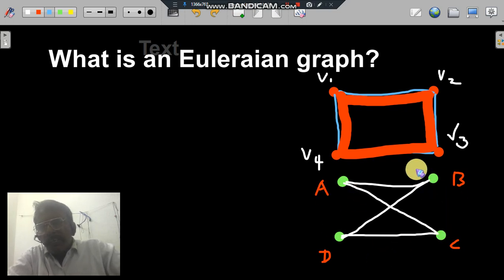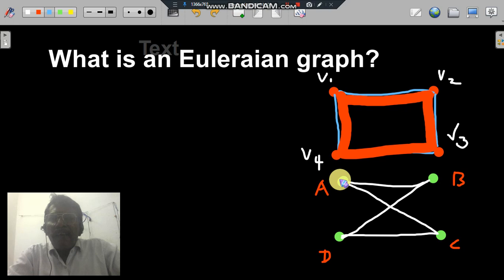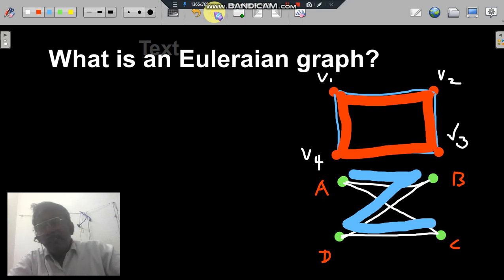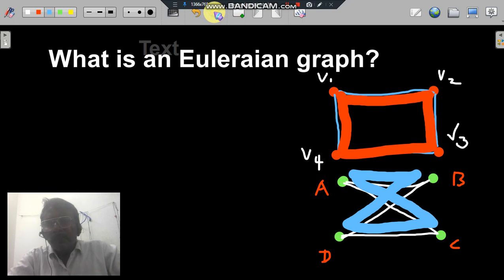Again I am going to make a cycle starting from A ending at A. From A to B, then B to D, then D to C, and at last from C to A. What do you see again?